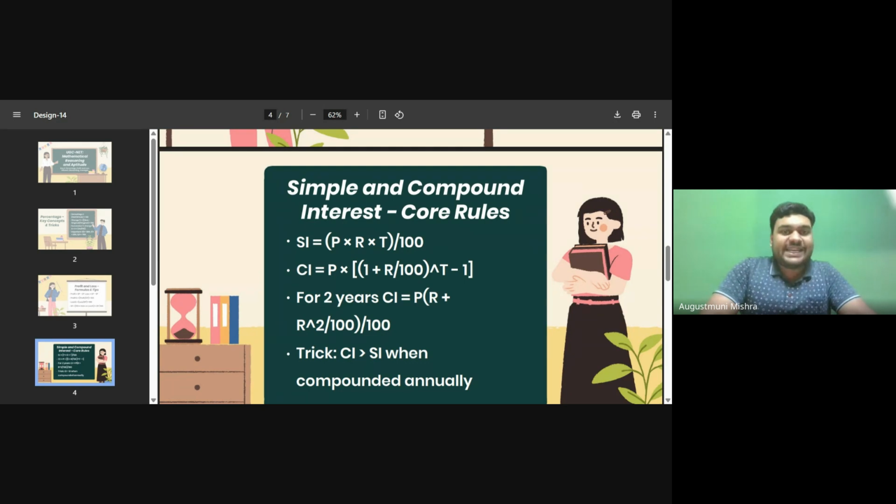Whenever you are finding the compound interest of the previous year, you use this. For 2 years, you write the 2 on top of the bracket. When I solve the questions, you will get it, because it is in a series, and sometimes you may not understand it right away. But when you start solving questions, definitely you will get it.